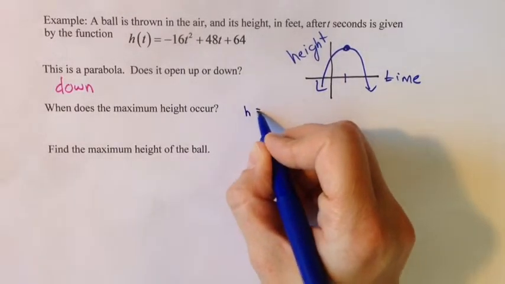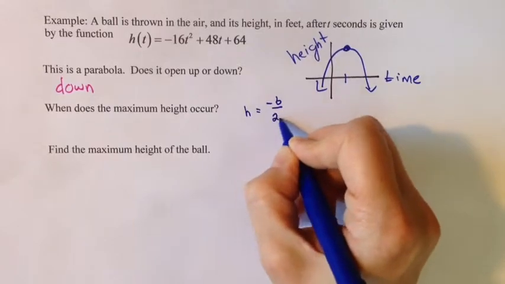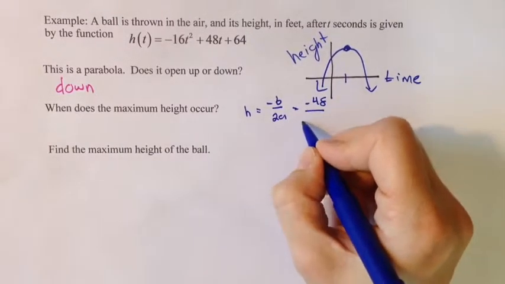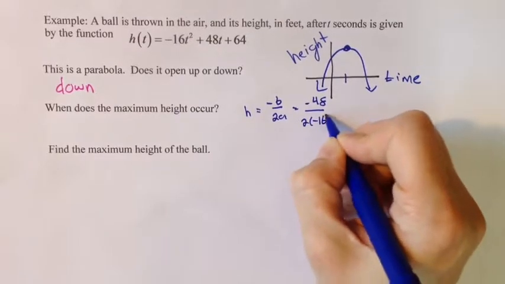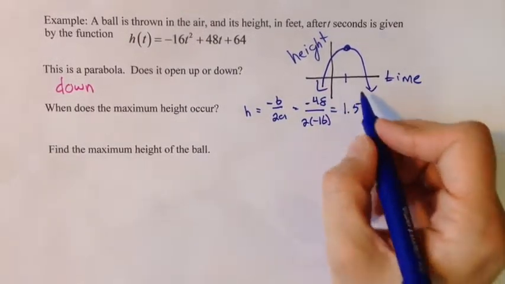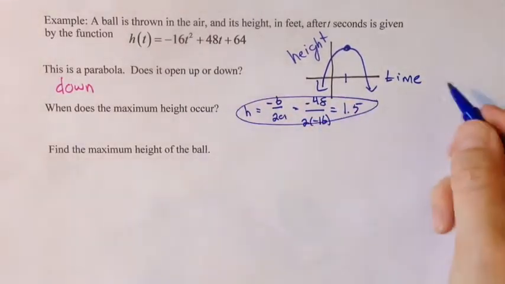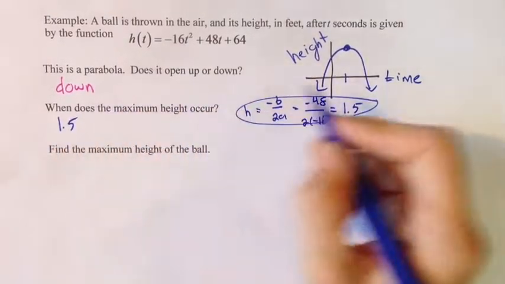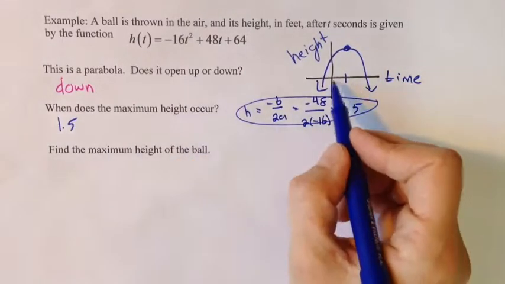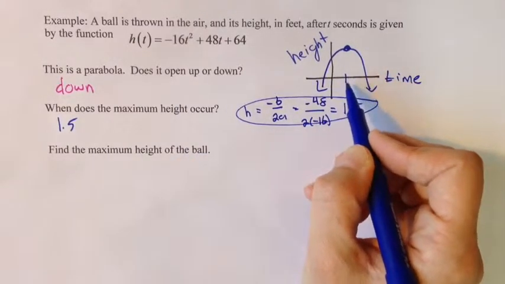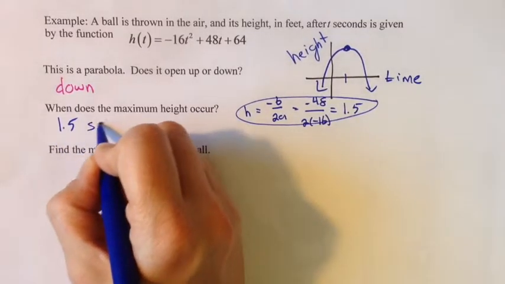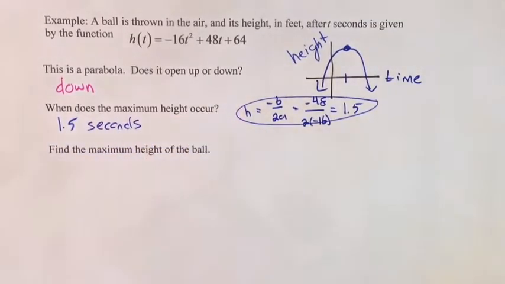We can just plug it right in there, negative b over 2a, so negative 48 over 2 times negative 16. And that will be 1.5. So after 1.5 seconds, the parabola hits its maximum. So this x-coordinate gives us the time when the parabola will be at a maximum. So 1.5 seconds is when the maximum height occurs.